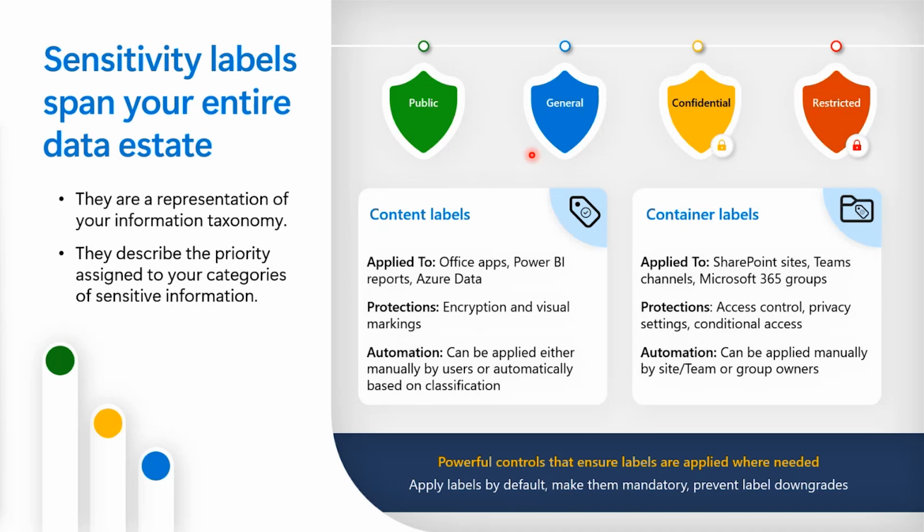We might have a general classification on documents as well. But when we get into confidential, this is where it gets interesting. This is where we could start to limit the interaction on what can be done with that information once someone accesses it.